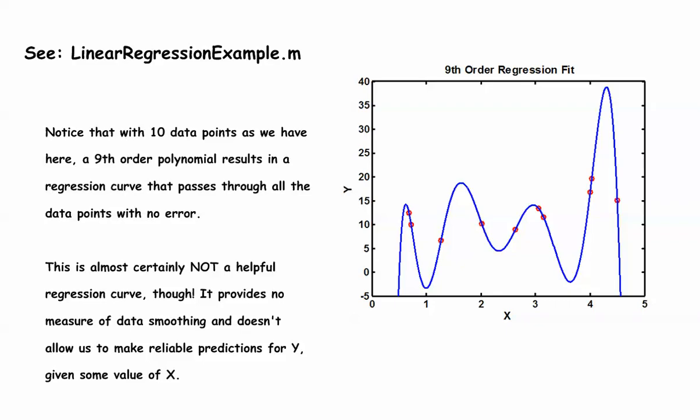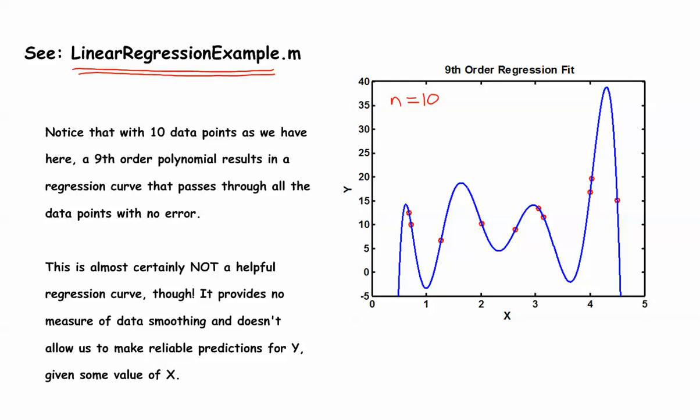So back to my linear regression example equation or MATLAB program. Once again, please download that. Take a look at all the steps. This is the same data set that we've been talking about all along. I have 10 data points.